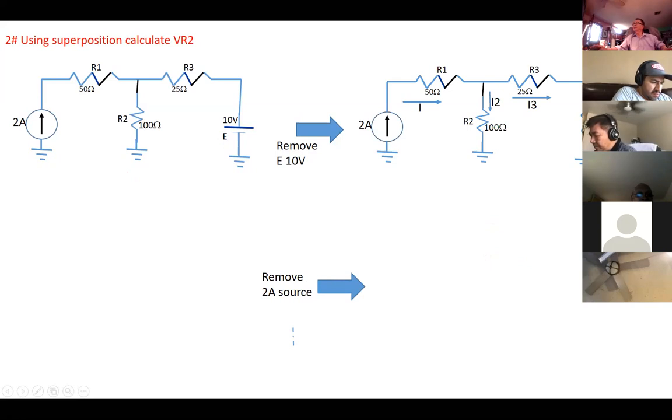Okay, that one will be shorted, remove the 10 volt. So you get current flowing here, one going down here, one going down here. So your job is to calculate I2. How?